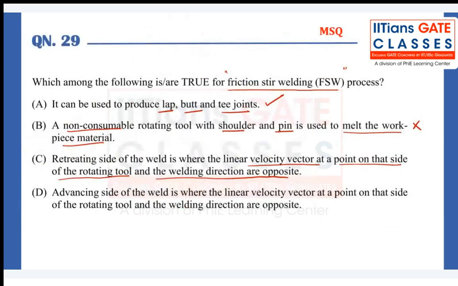Now this statement is also wrong. Next, the advancing side, where the linear velocity vector at a point on the side of the rotating tool is in the opposite direction, this is also wrong. So your answer is yeah. Hope you understand, guys. Now let us move to another question.